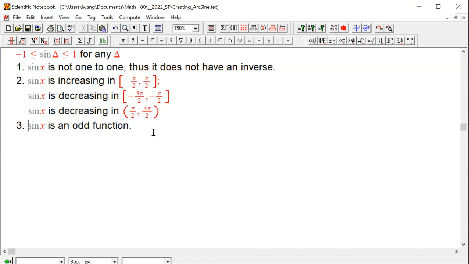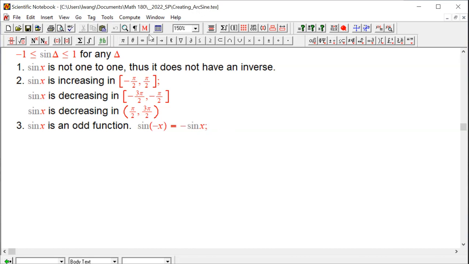We have demonstrated that. As an odd function, of course, we know that sine of the opposite input produces the opposite output, right? So inputs are opposite, outputs are opposite as well. Put a negative sign in front of one and we'll get the other.